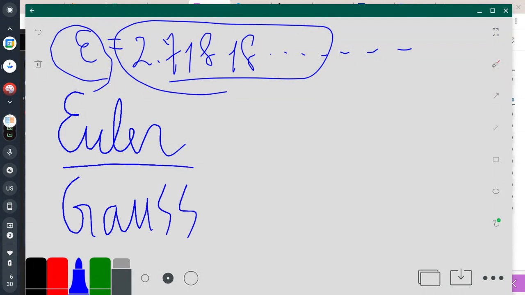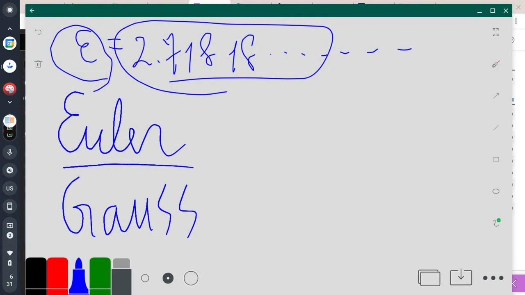And after the Renaissance, it's French mathematicians, Bachelier and who else? And then around the 16th, 17th, 18th century, Euler and Gauss, Swiss German.